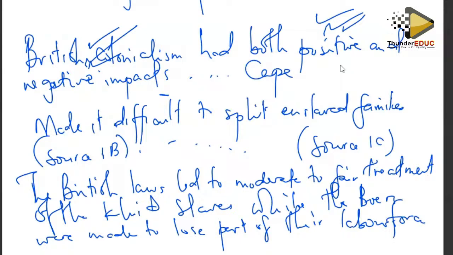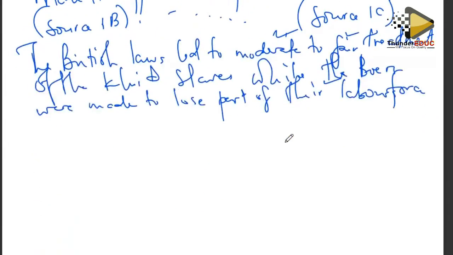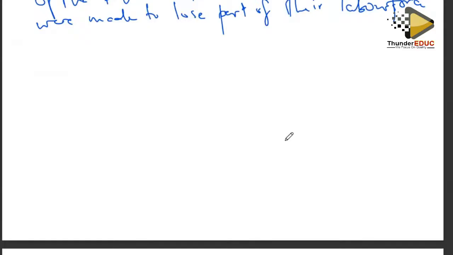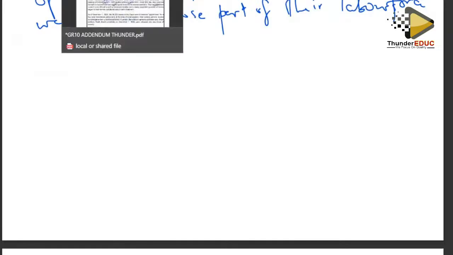It's showing that there was positive because of moderate to fair treatment, and also the Boers losing their labor force was negative. So that is basically how you answer and attempt paragraph questions. Right then, that paragraph will be in PEEL format and is going to guarantee you that you get a level 3 presentation, which is either 6, 7, or 8 out of 8.